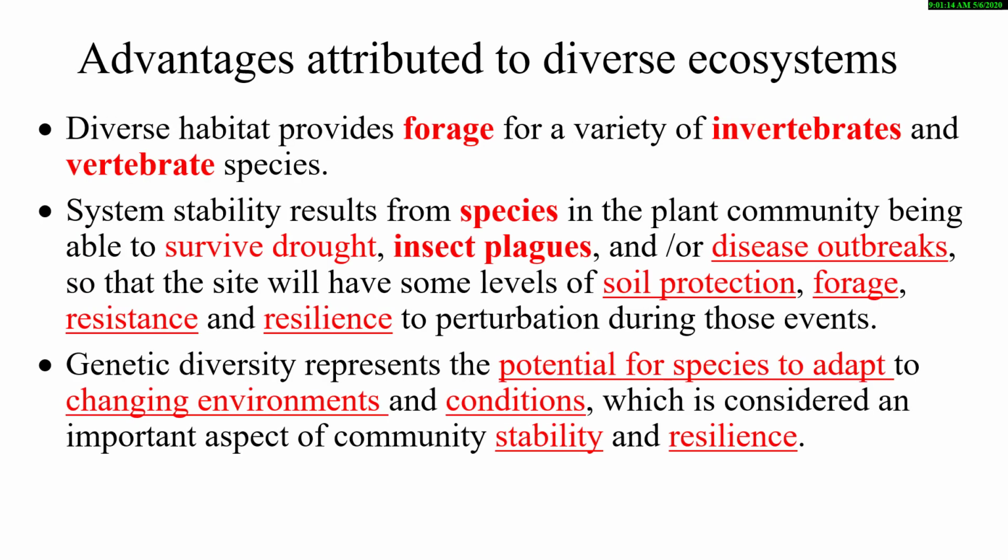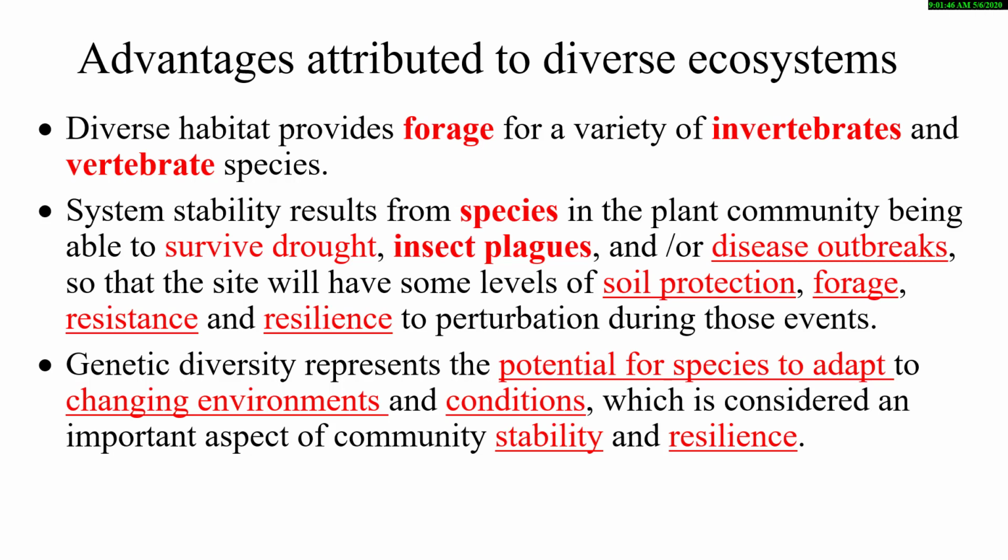What are some of the advantages? If a community is diverse, what is its advantage? Diverse habitat provides forage for a variety of invertebrates and vertebrate species. System stability results from species in the plant community being able to survive drought, insect plagues, and or disease outbreaks.